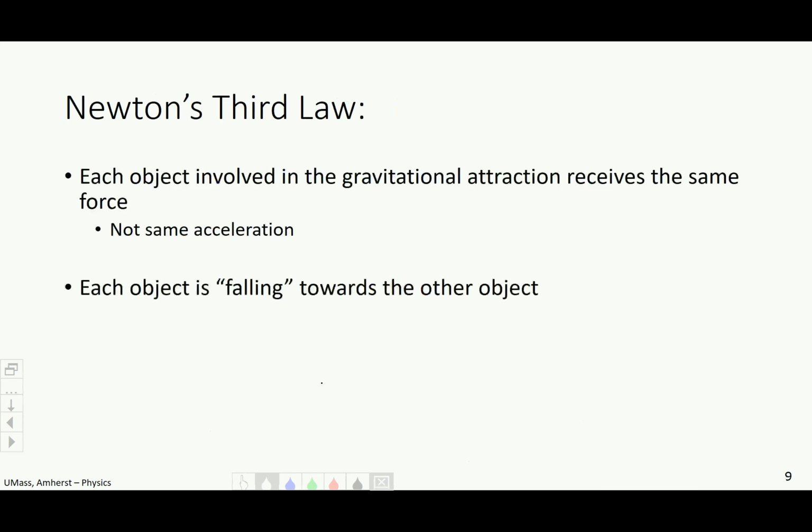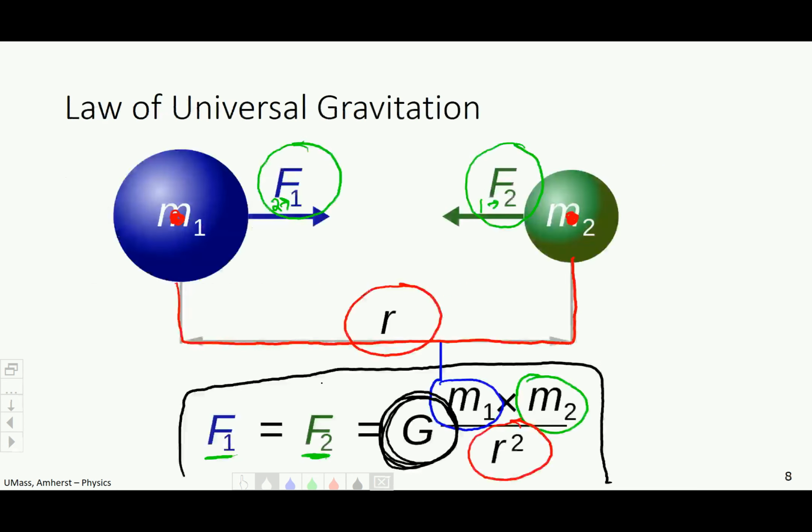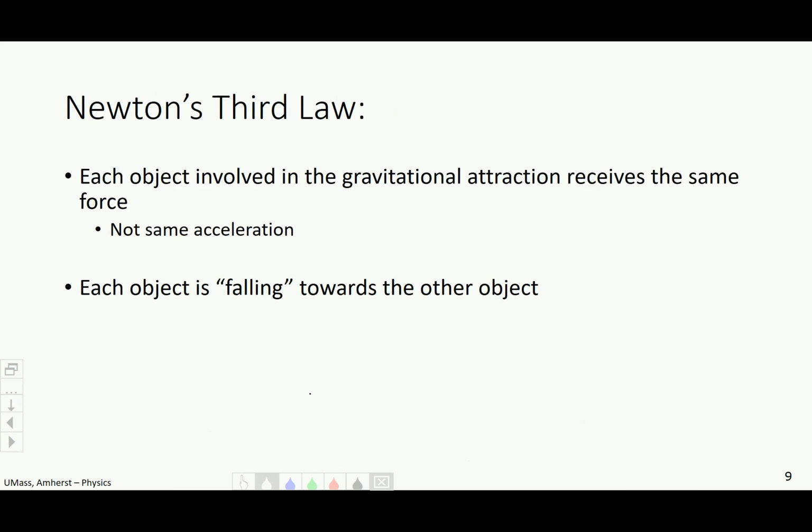So, talk about Newton's third law. We said that these two forces, force 1 on 2 and 2 on 1, are an action-reaction Newton's third law pair. Each object involved in the gravitational attraction receives the same force, okay? You exert as much force on the Earth as the Earth exerts on you.